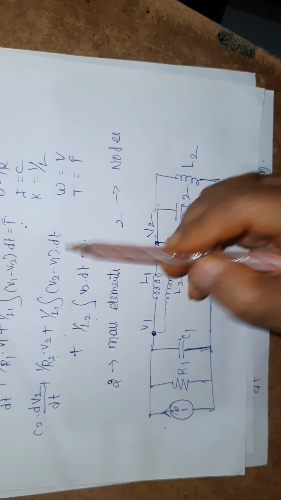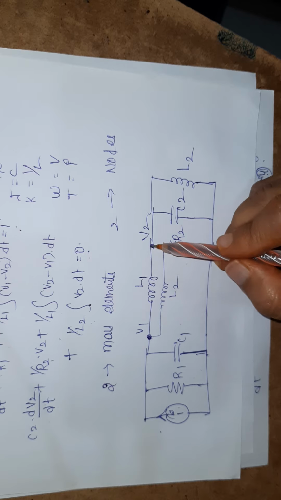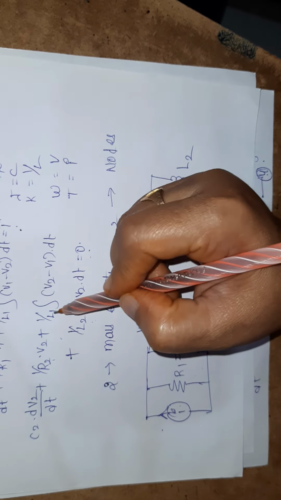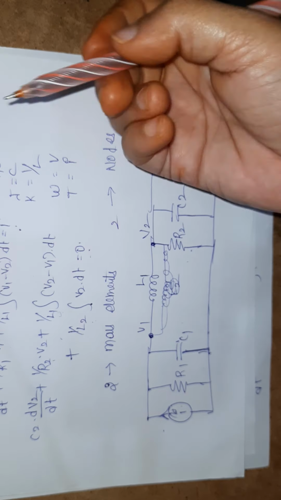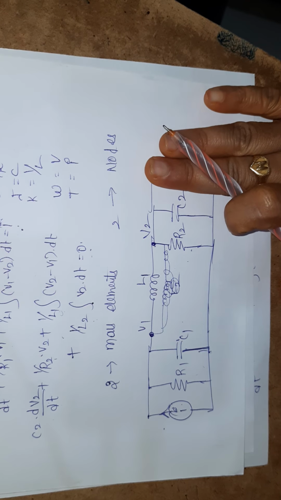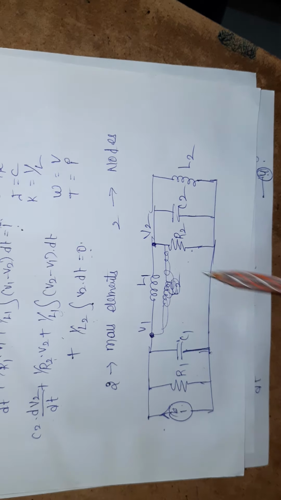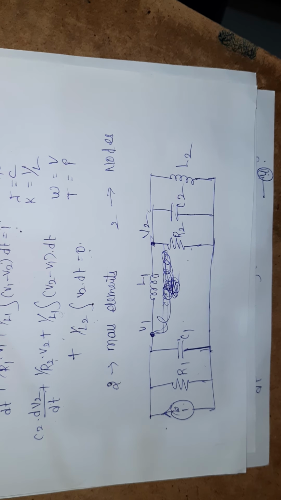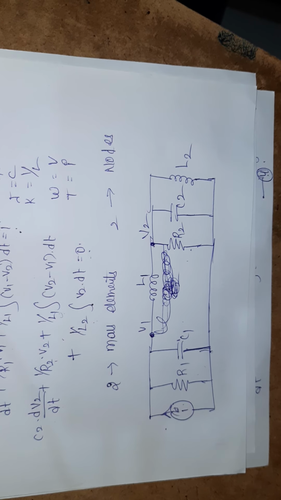L1 is in between V1 and V2. So we have already drawn L1 in between V1 and V2, and there is no need to draw this one. If we had L2 in between V1 and V2 instead, then you would have to draw it like this. So this is the final circuit I have for the force to current analogy. Thank you.